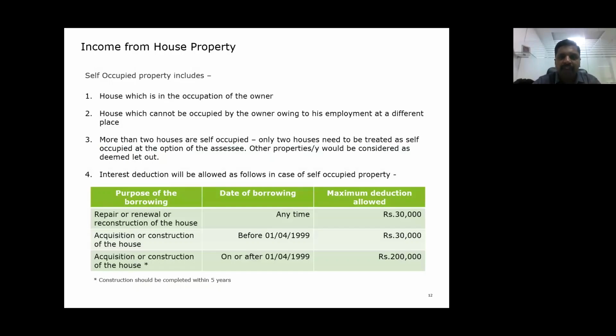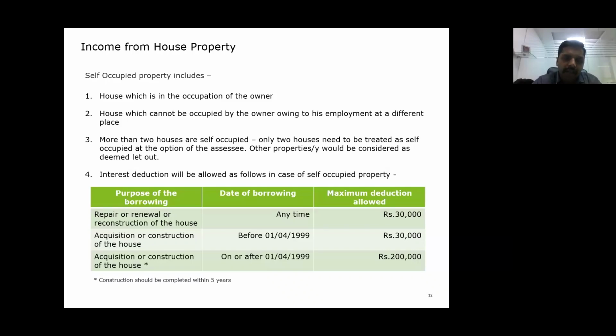If he is paying rent for another property because he is unable to occupy his own residence owing to employment, HRA exemption can be allowed. In this case, the interest can also be deducted. So the individual employee can have two benefits: one is the interest payment, which is a 2 lakhs deduction, and the other is the HRA exemption, if he is actually paying rent.